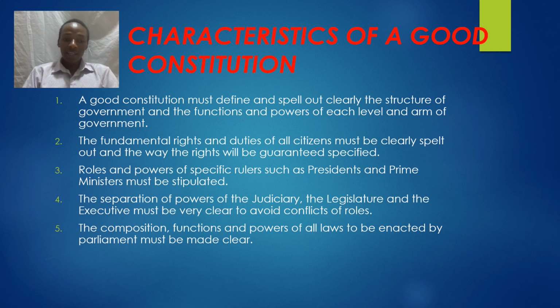We saw that they operate under the principle of checks and balances, where each arm of government checks the operations of the others, but does not do it in a manner that derails their capacity to operate or offer services to the citizens, or operate according to the Constitution.